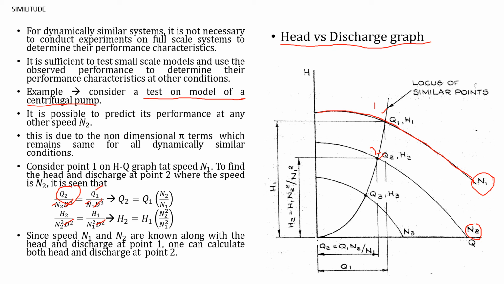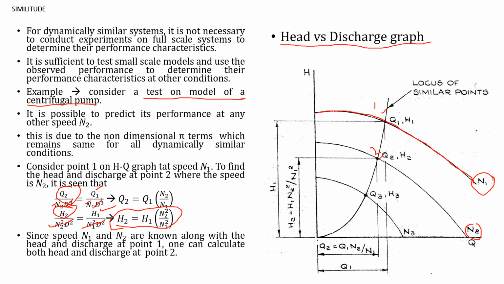We know N1, we know H1, and we also know N2, the speed. The only unknown is H2, so the H2 expression is also written. Since speeds N1 and N2 are known, along with the head and discharge at point 1, one can easily calculate the head and discharge at point 2. So this is for N2.